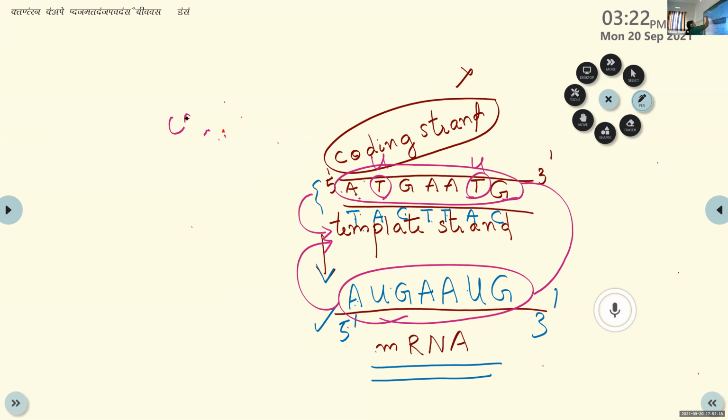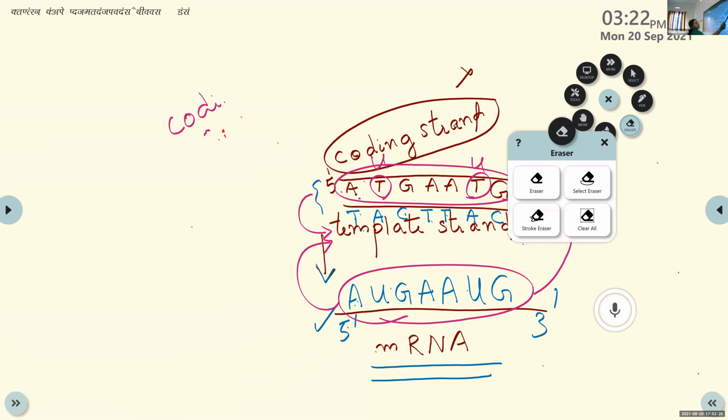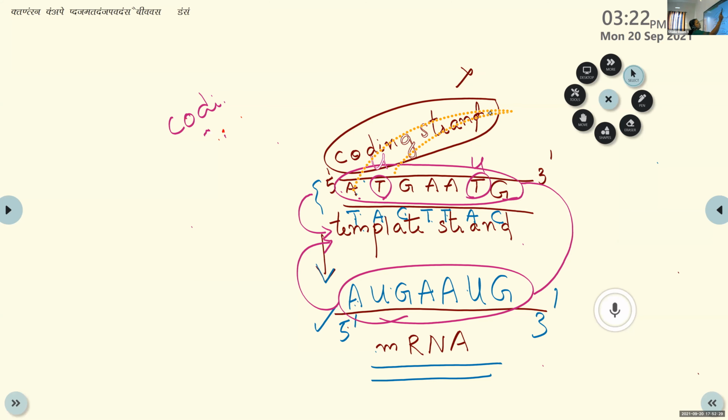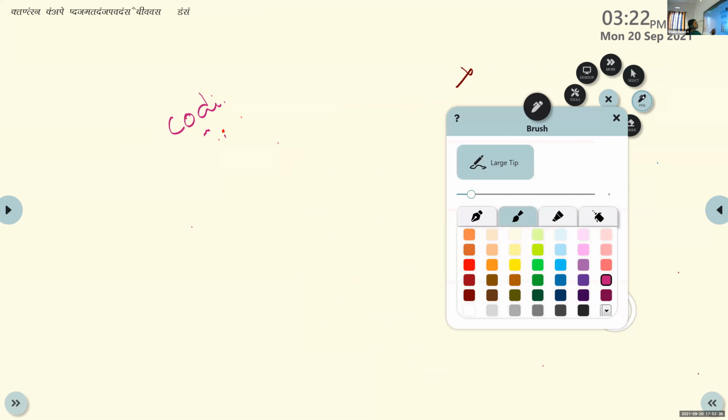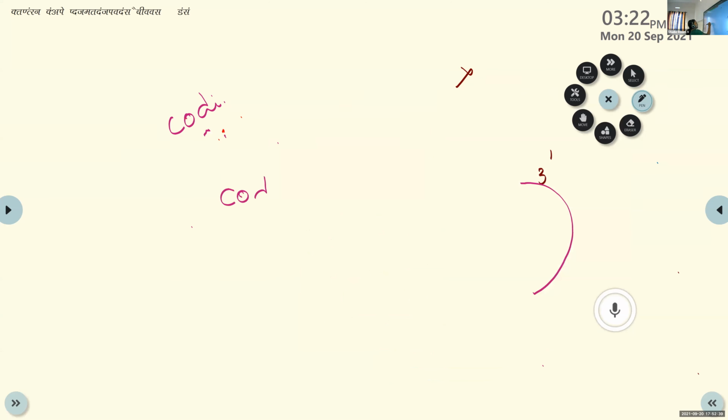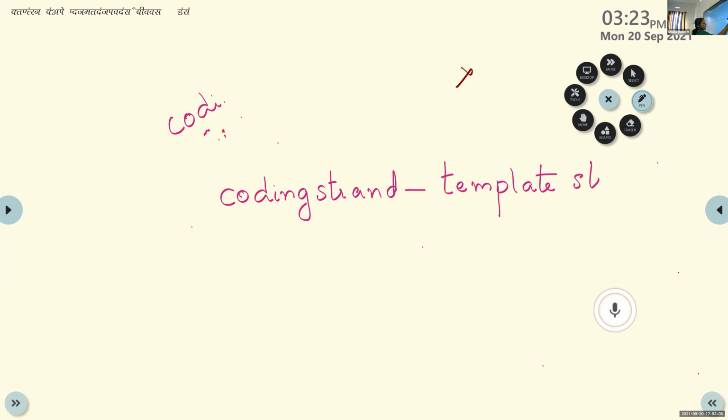Coding strand is complementary to template strand.